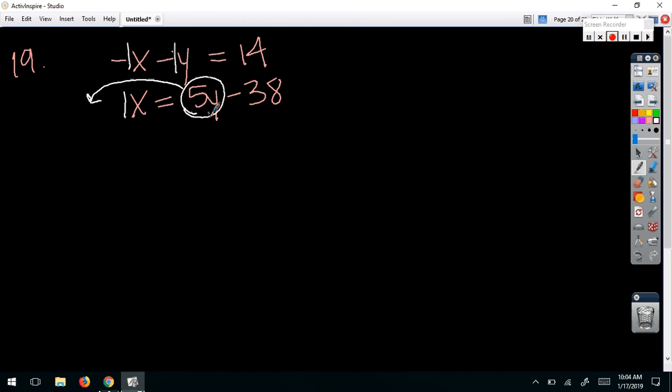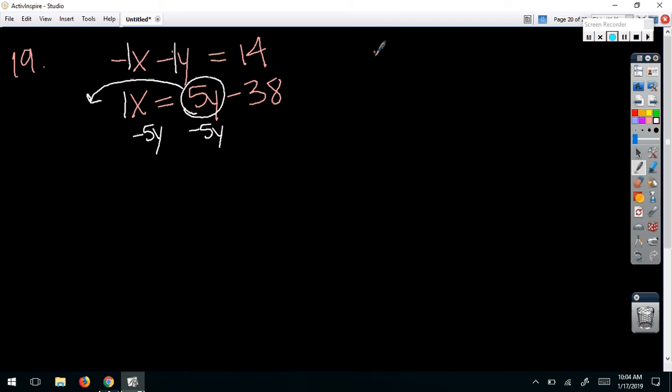Because it's positive, I've got to subtract it, right? Yes, subtract 5y. And I'm going to put it on this side of the x because that's the way the first equation's written. The first equation is x and then y. I want it to look exactly the same as the first one.